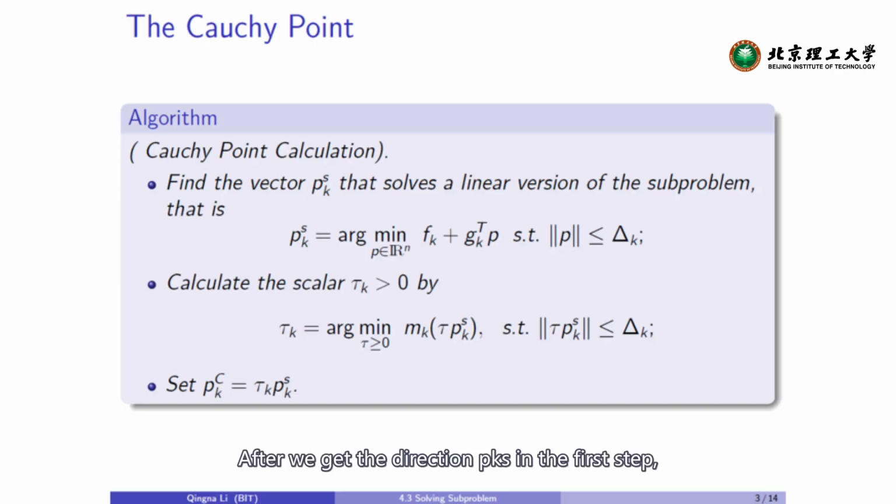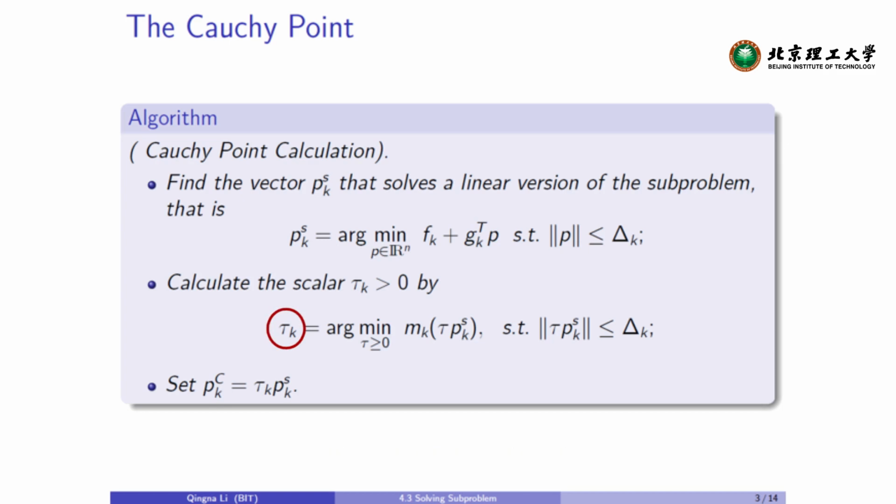After we get the direction p_k^s in the first step, we assume that the scalar tau multiplied by p_k^s is the solution of the quadratic function. Then we try to find the optimal tau_k, which is a kind of step length.